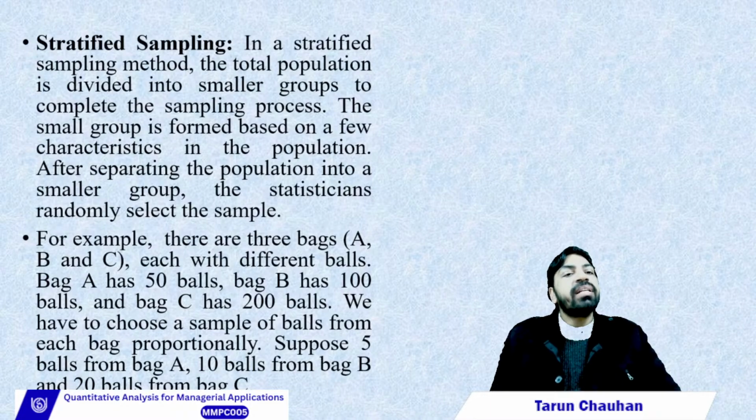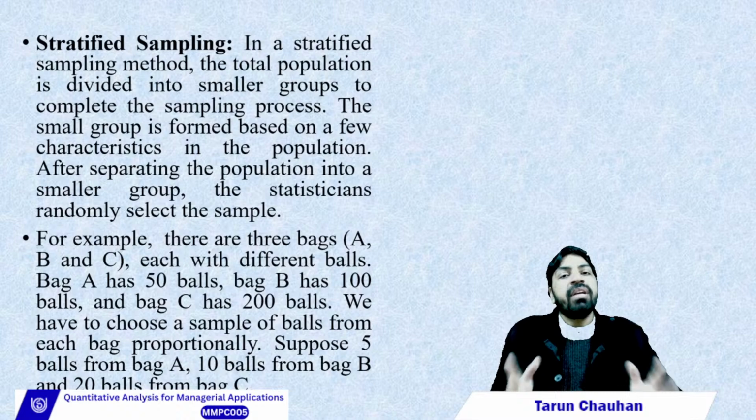Next one is stratified sampling. Stratified sampling means the total population is divided into small groups, so that the complete sampling process can occur. The small groups are based on the characteristics of the population.